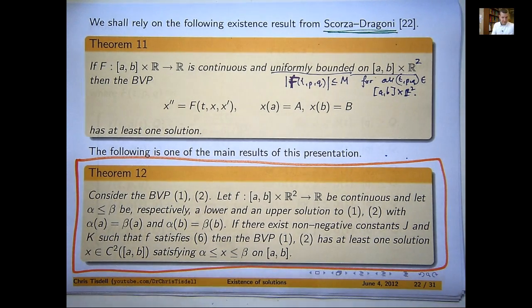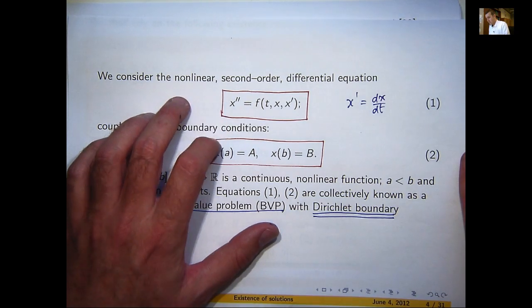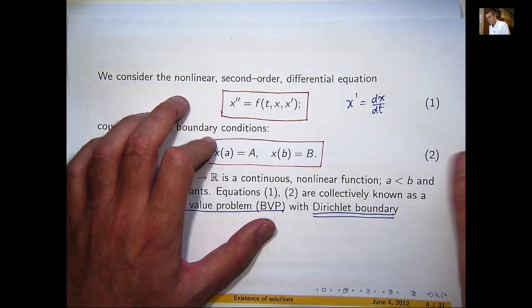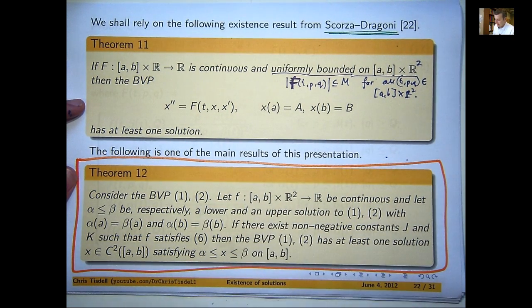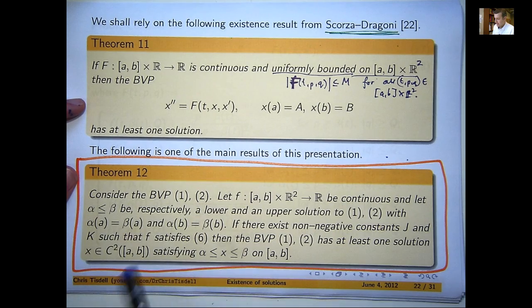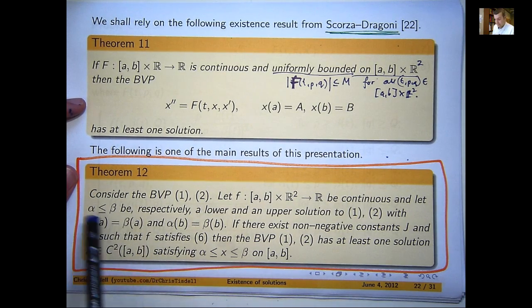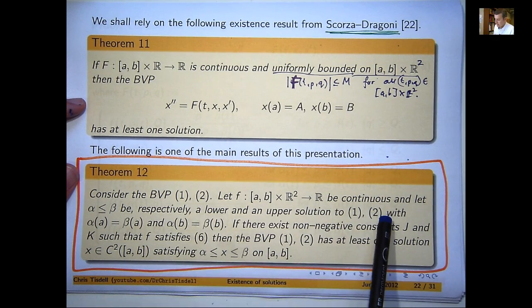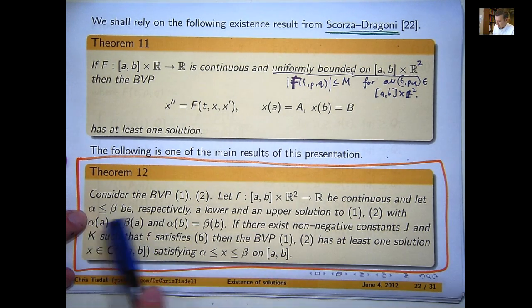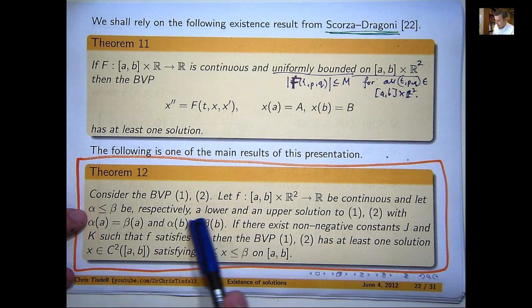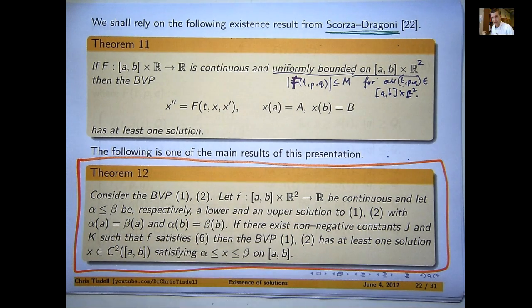So let's consider our boundary value problem, our Dirichlet boundary value problem 1, 2. Let f be defined on this set, let it be continuous, and let alpha and beta be well-ordered lower and upper solutions. So alpha is assumed to be a lower solution to our BVP, beta is assumed to be an upper solution to our BVP, and alpha is less than or equal to beta on the interval of interest. In particular, the ends of these upper and lower solutions clamp at the endpoints.